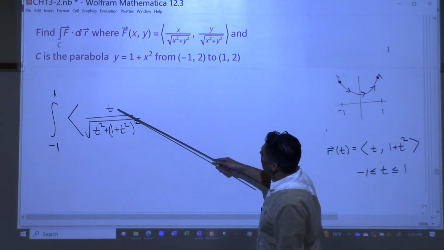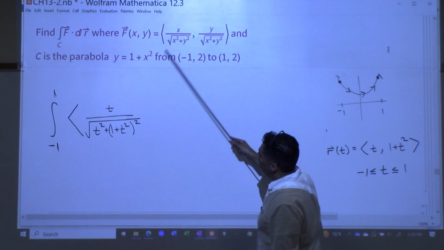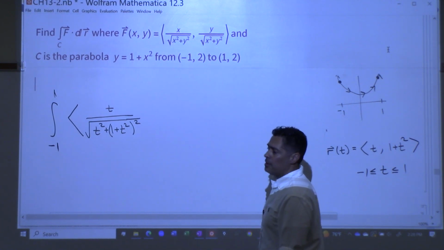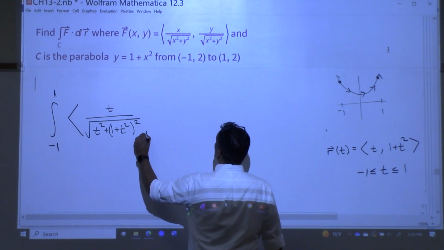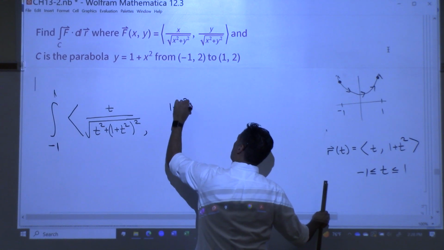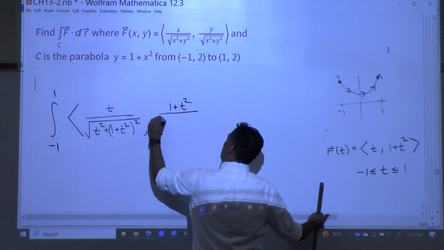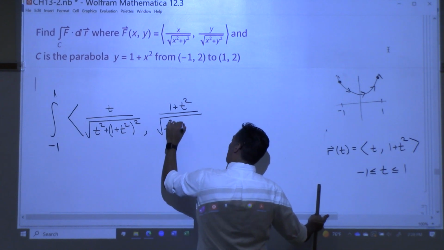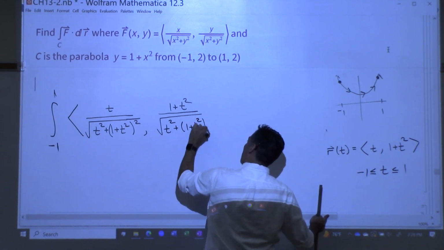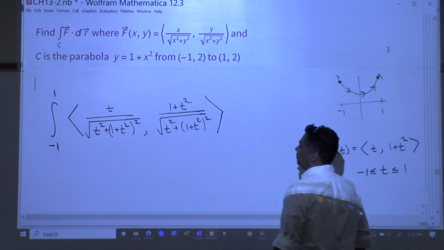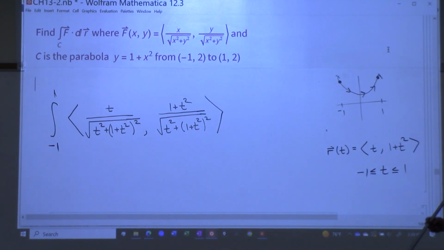The second component is y, which is 1 plus t squared, over the square root of t squared plus (1 plus t squared) squared. This is looking horrific, isn't it?